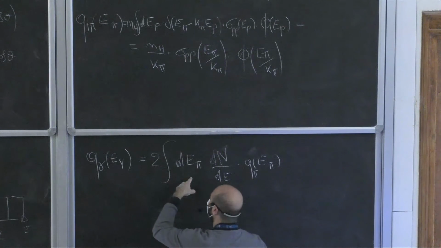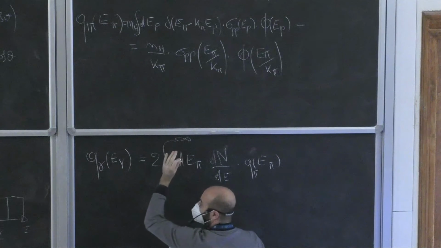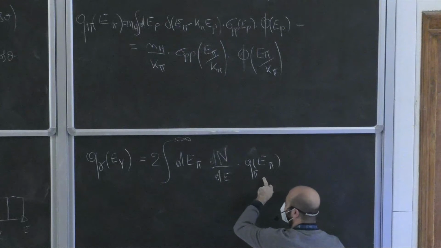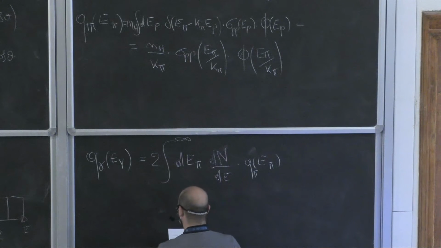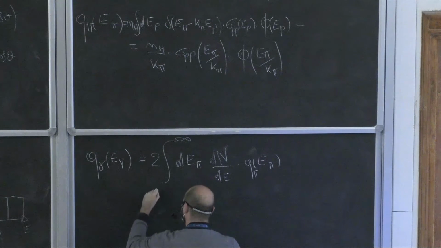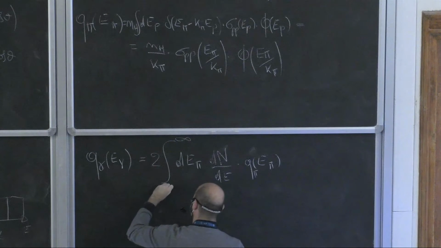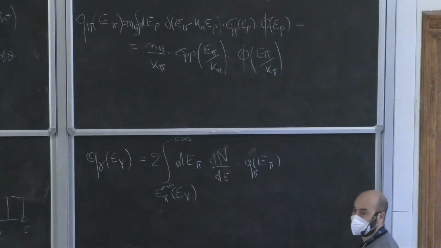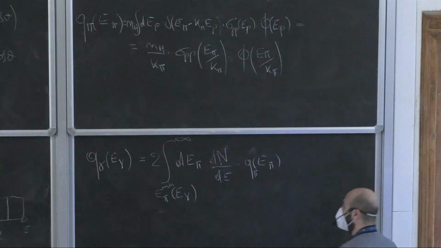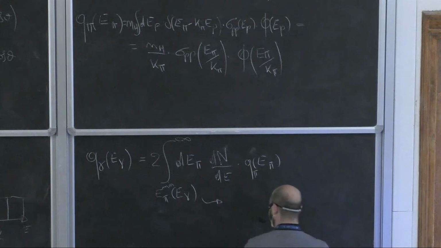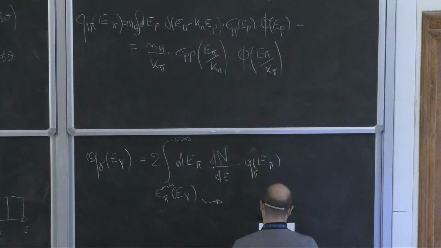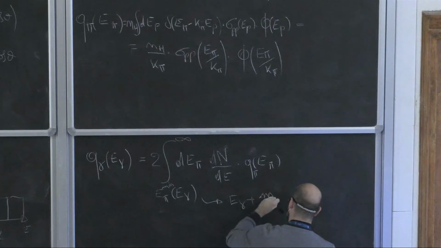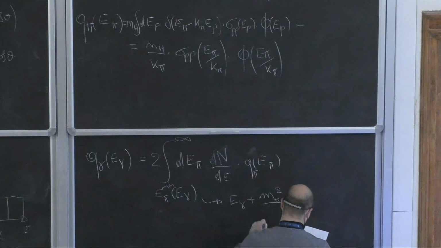Over which energies do I integrate? Well, in principle, up to infinity, or whatever high energy my pion spectrum dies off. And I have to integrate from which energy? From basically the minimum energy of a pion associated to the energy of a photon E gamma. And this, let me write the result, and I tell you where it comes from. This is equal to E gamma plus mass of a pion squared over 4 E gamma.